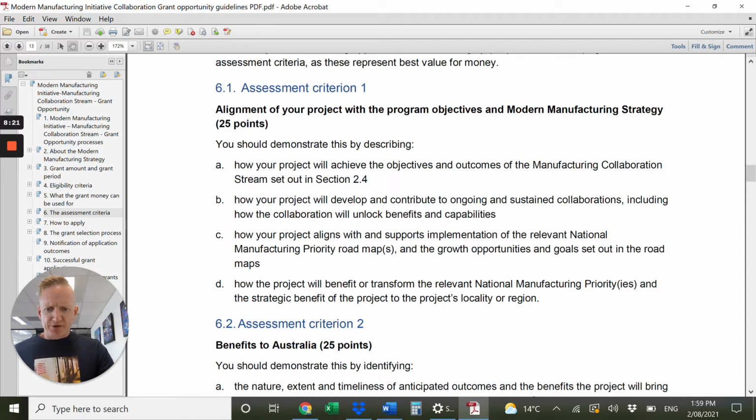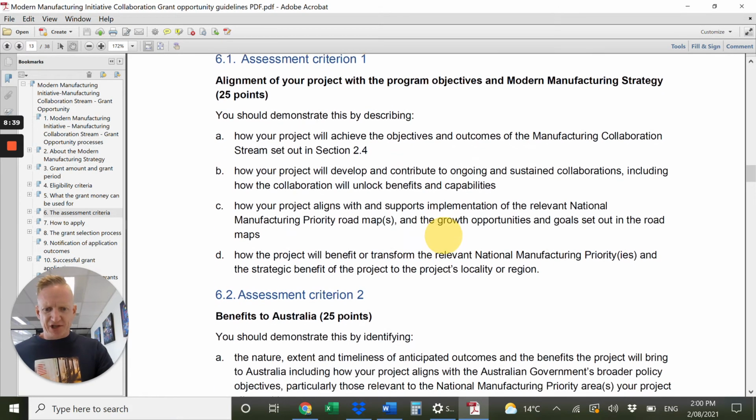How your project aligns and supports implementation of the national manufacturing priority roadmaps. We've sort of covered that one a bit, but once again, the government likes to ask the same question in different ways. So just go in detail which are the priorities that you're going to be undertaking, and have a look at that roadmap to see what is the future of that particular area.